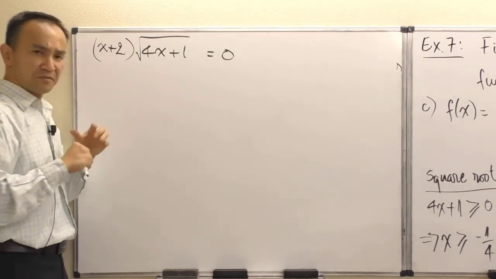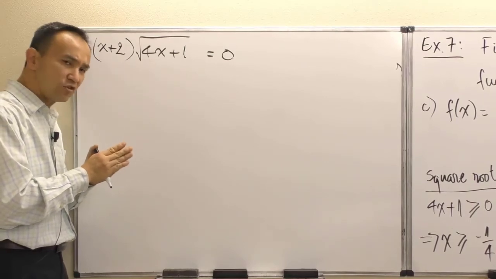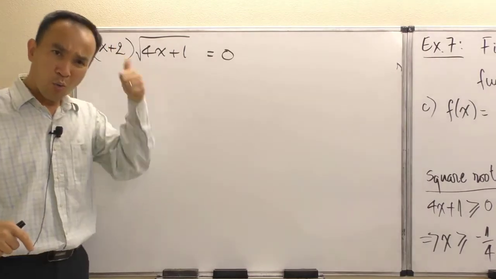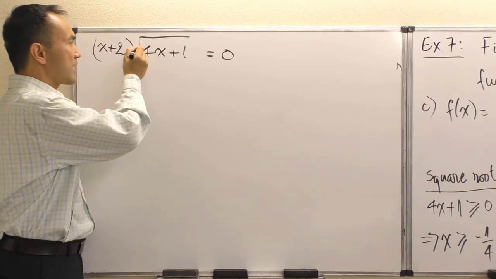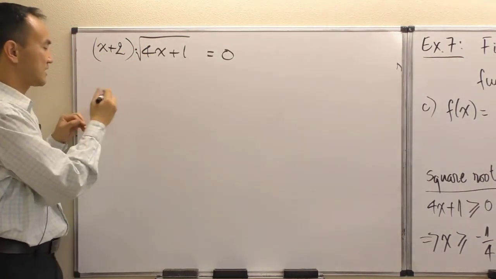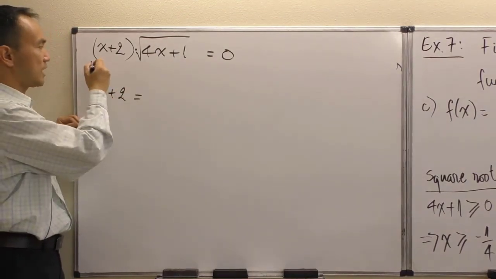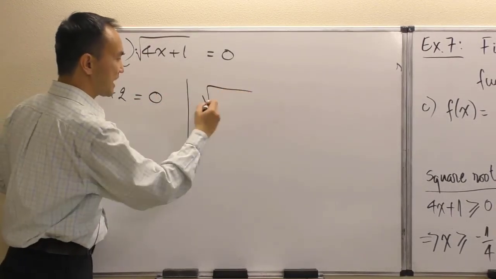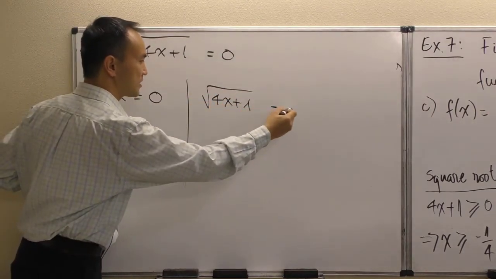At this point in your pre-calculus learning, you might or might not have seen a specific method to solve this, and I'm not too worried about that. But one thing I'm sure anyone must have seen is a product. The only way for a product to equal 0 is that we can set each factor equal to 0. We set the x plus 2 factor equal to 0, and we can tear down the other factor, so the entire square root of 4x plus 1 can also be set equal to 0.